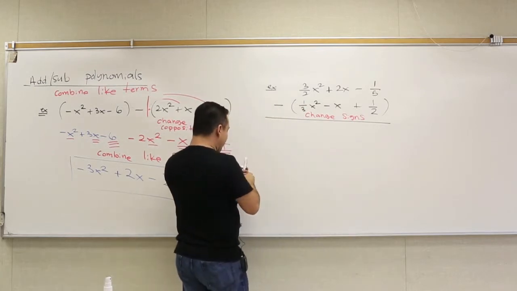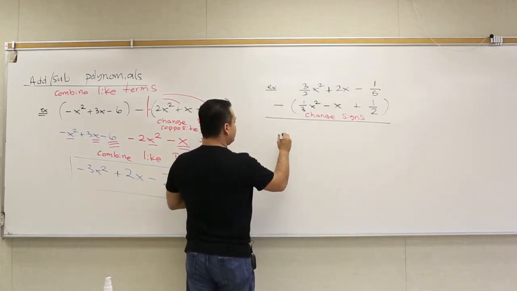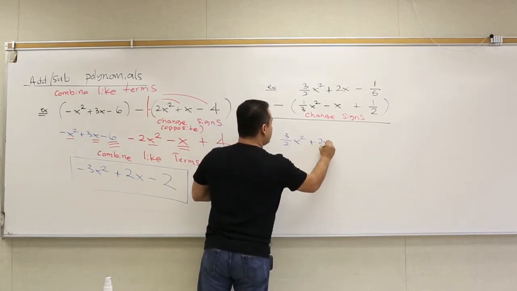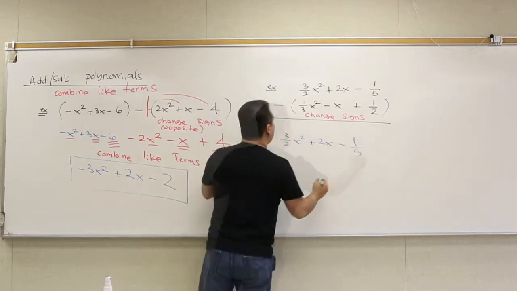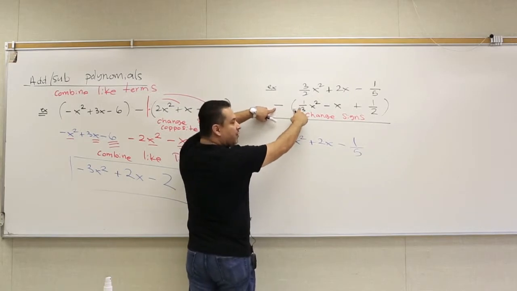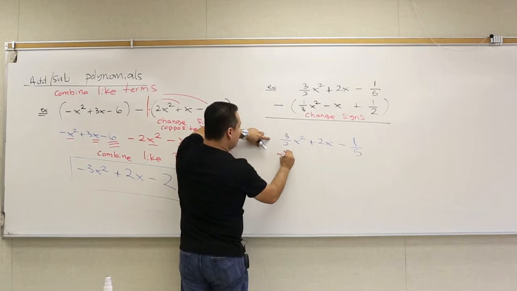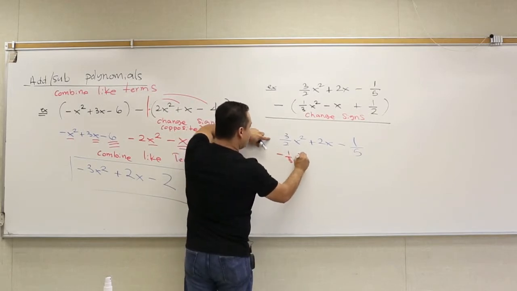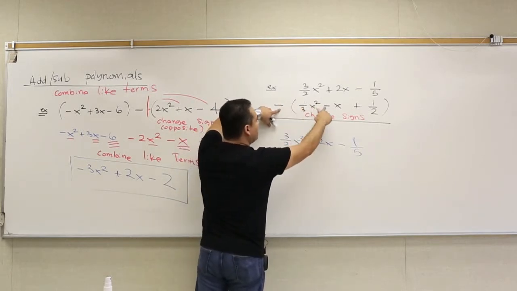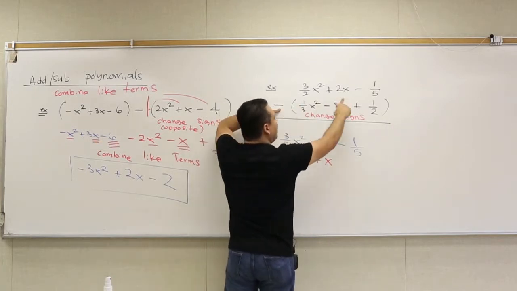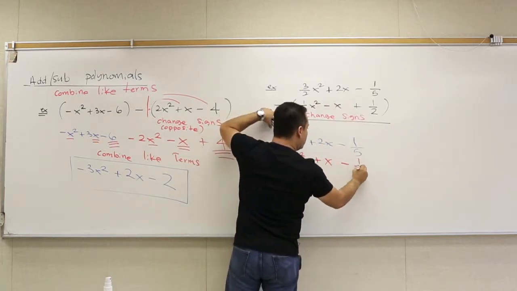So you now get 3/2 x squared plus 2x minus 1/5, and that positive 1/3 x squared is now negative 1/3 x squared. What's the opposite of a negative? What's the opposite of a positive? Negative.